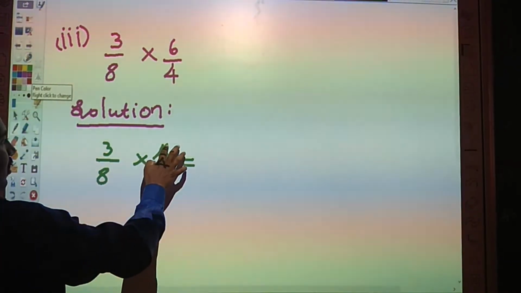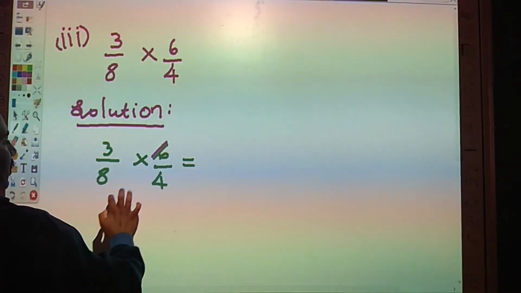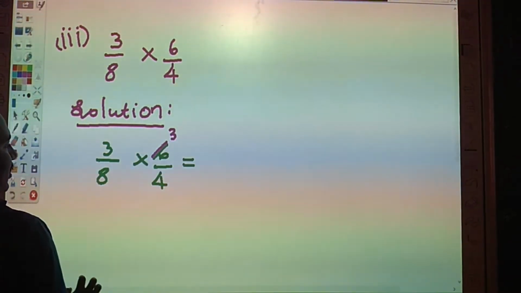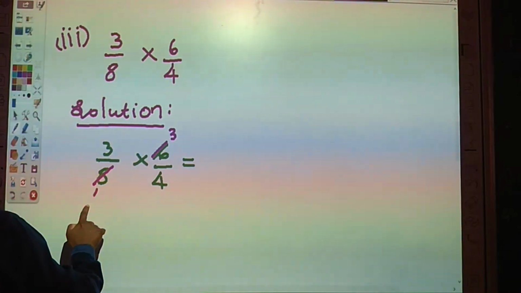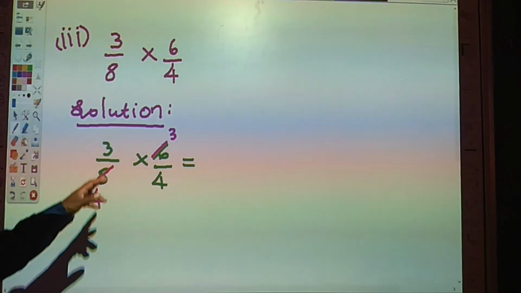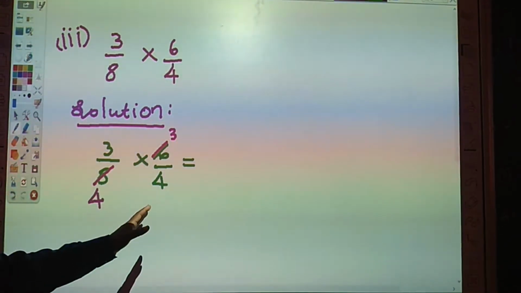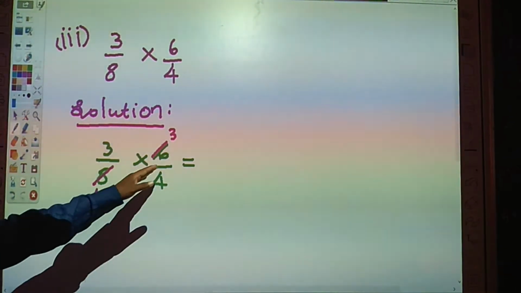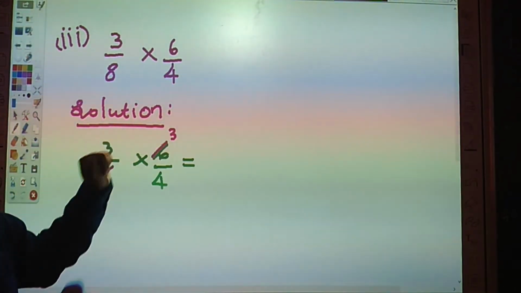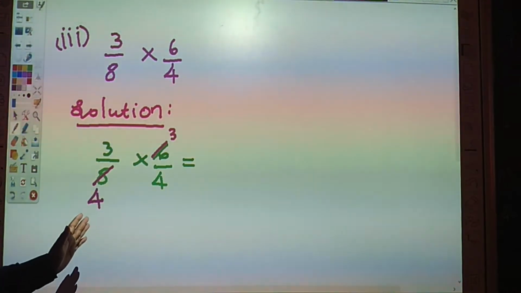We cancel using the second table: 3 2s are 6, and 4 2s are 8.